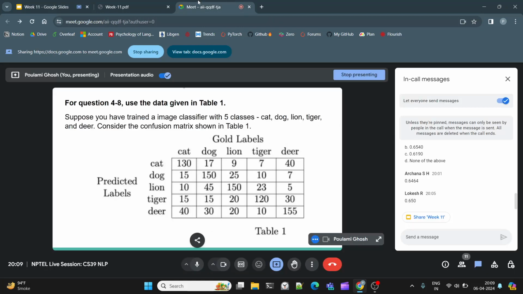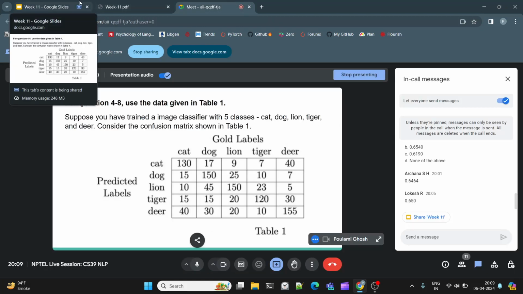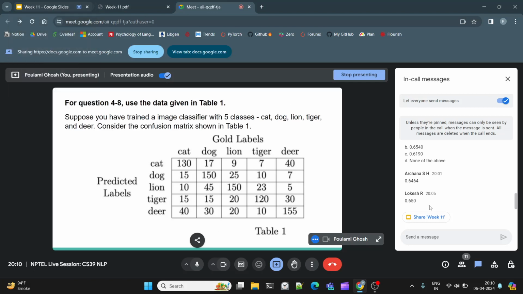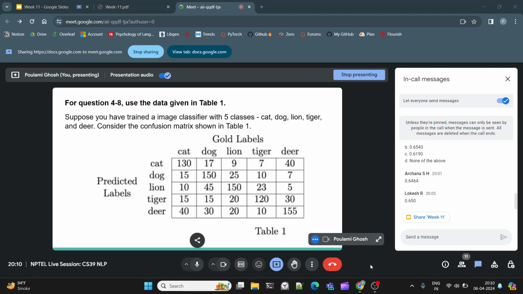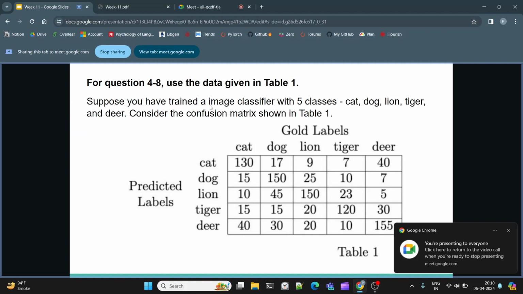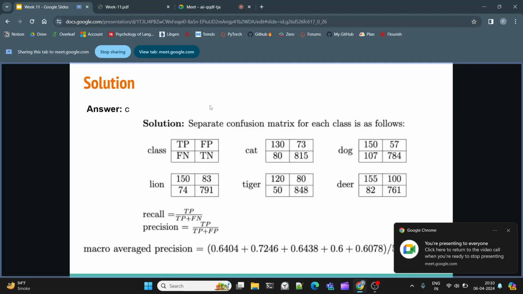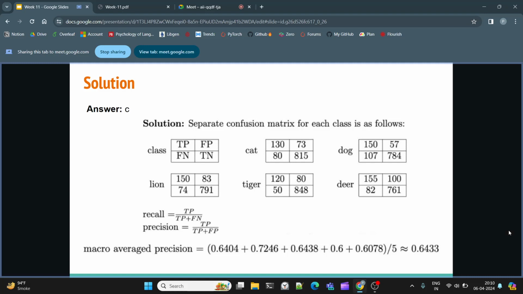Any other doubt? Okay, so we can go ahead to the next problem. Today we'll have quite a few problems similar to this thing that we're currently studying.